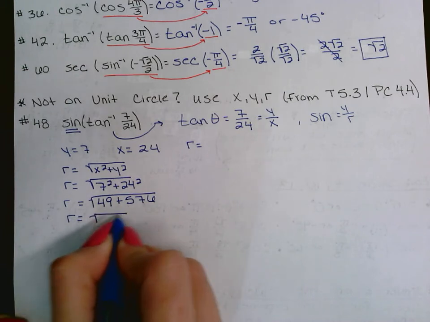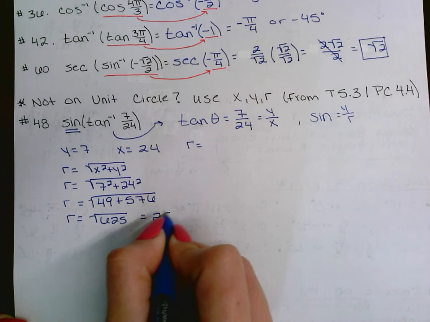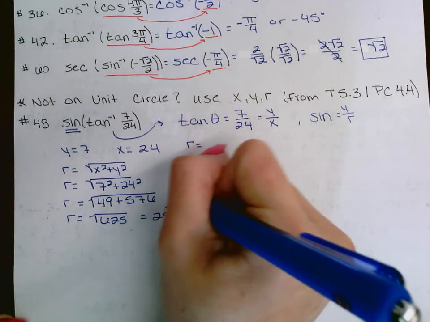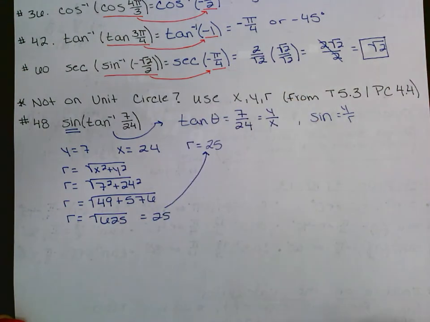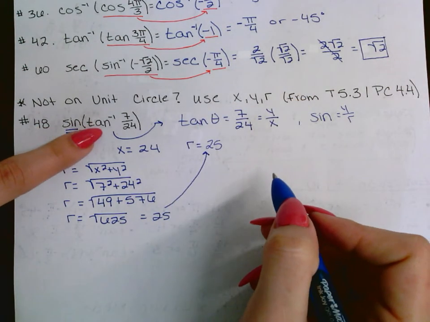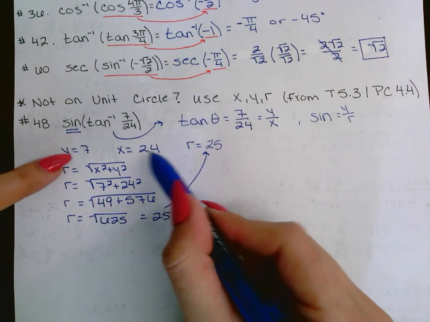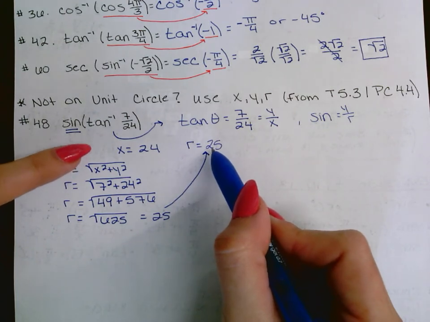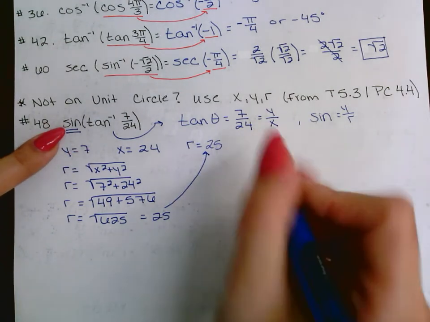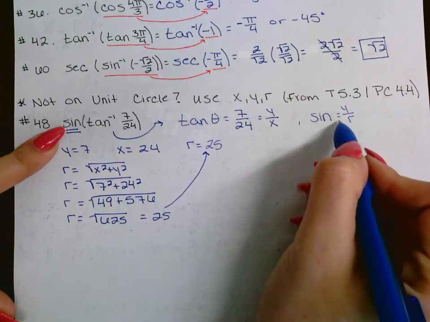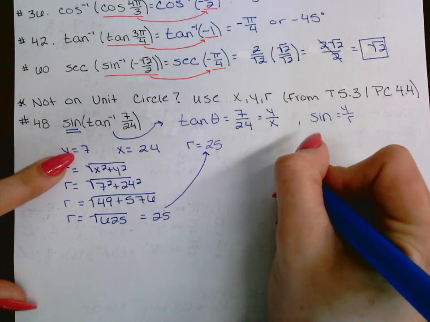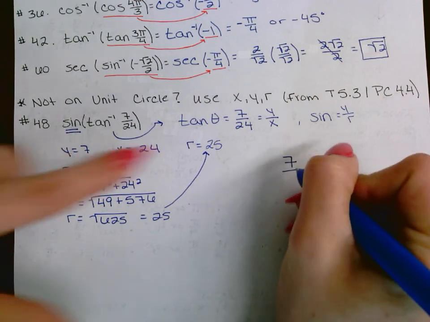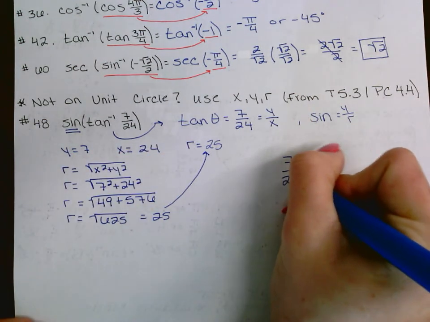I'm doing the square root of 625, which equals 25. So this is my r. So again, I use the inside to solve for my x, y, and r, and then I apply that x, y, and r to my outside. So sine is y over r, so my final answer is my y, which is 7, over my r, which is 25.